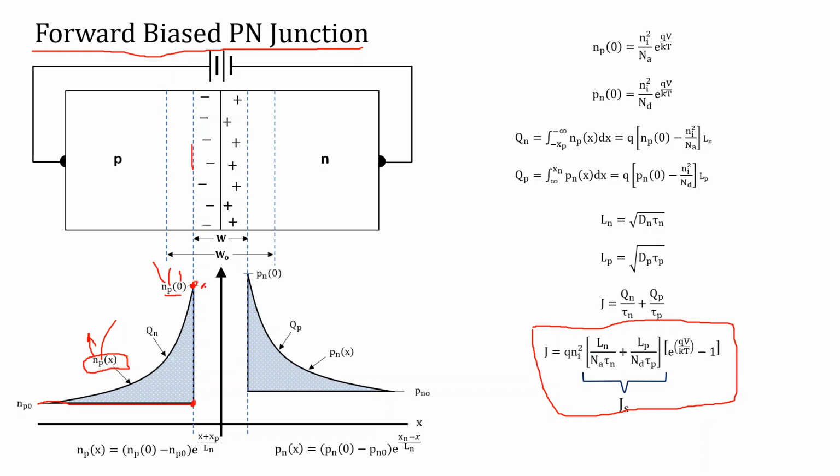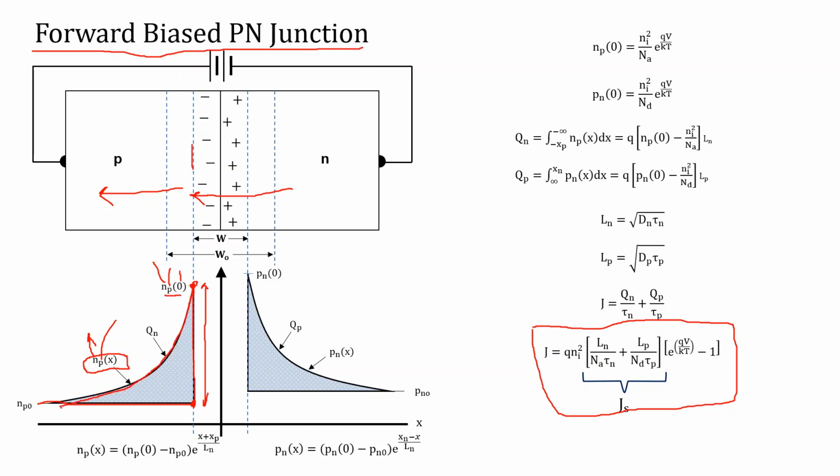So we get this value. So these are actually the charges or the electrons which flow from n side to p side. So they are this much, and then later when they diffuse into the p side, they get recombined with the holes, and their shape goes like this.